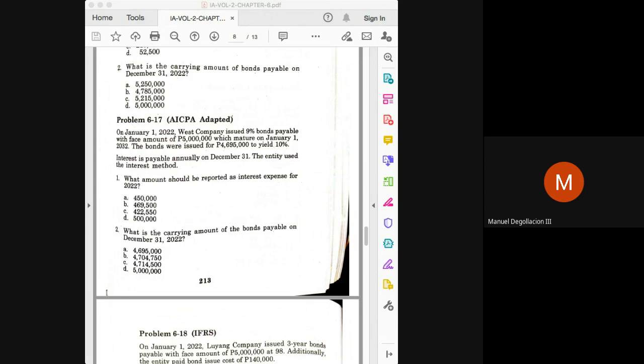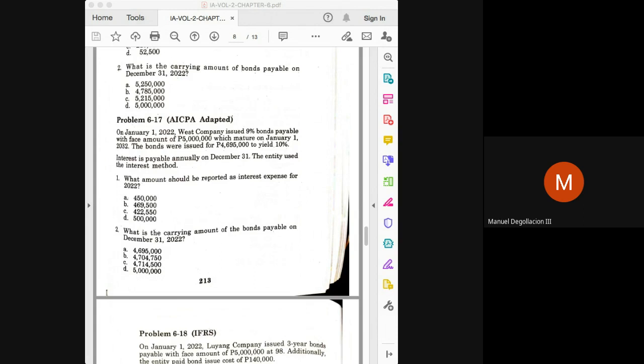Let's still answer the same set of questions, class. First, let's solve for the interest expense. Using the effective interest method, we simply multiply 4,695,000, which is the previous carrying amount, or in this case the initial carrying amount, with the effective interest rate or yield rate of 10%.